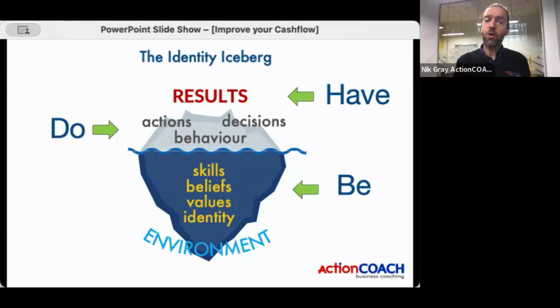If we start with skills, a skill is something that if done repeatedly, you get good at. So your behaviors reflect the skills that you have, and that impacts what you're going to have. So what skills do you need to learn to improve your behaviors, which will increase your cash flow? What are you not so good at?